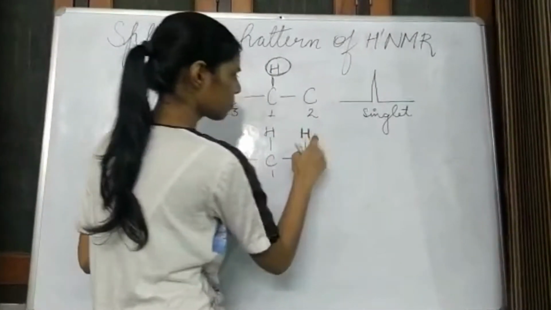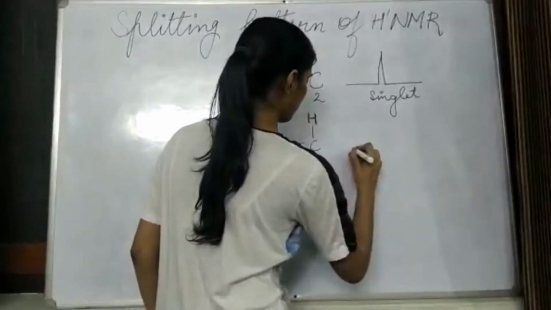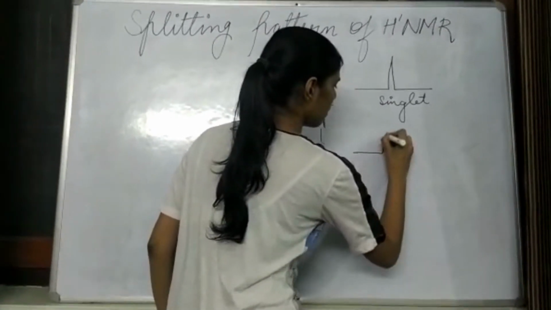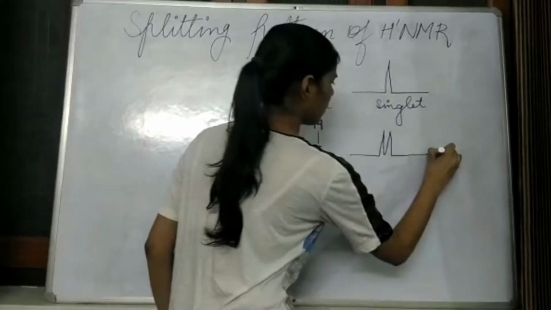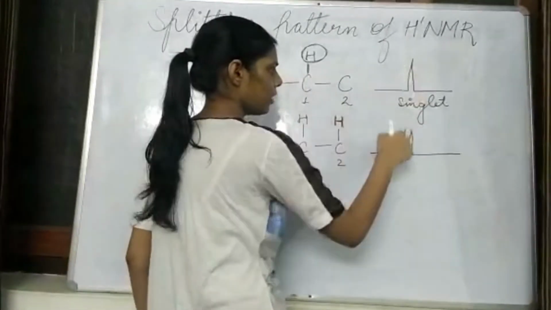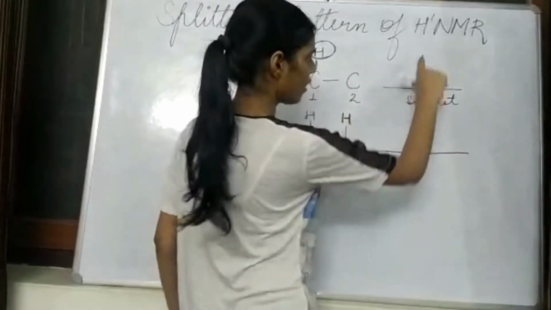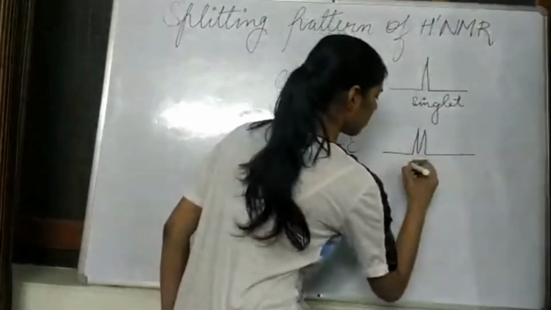So there will be one split due to this hydrogen in the peak, and we'll get something like this. This hydrogen is causing this peak to split into two, and the height of each peak would be less than before, and this is called a doublet.